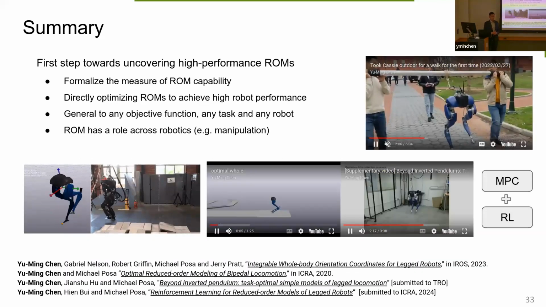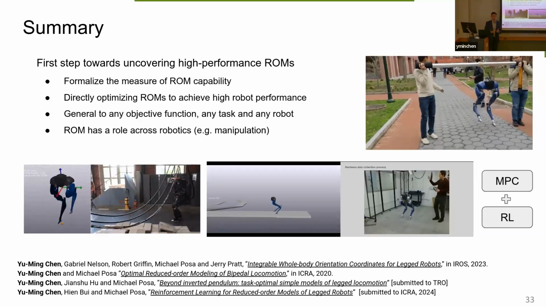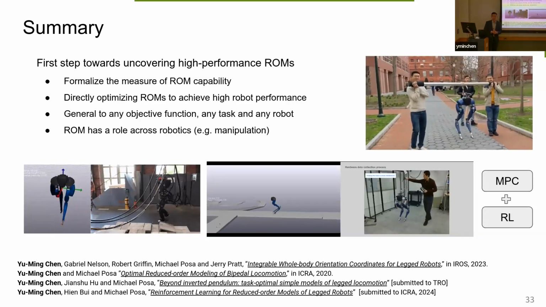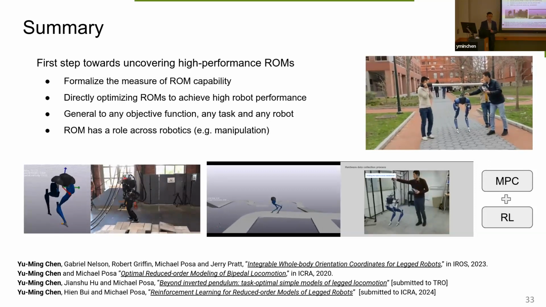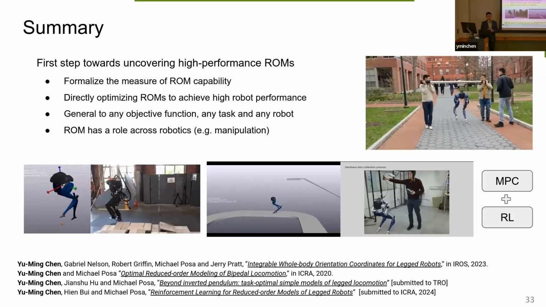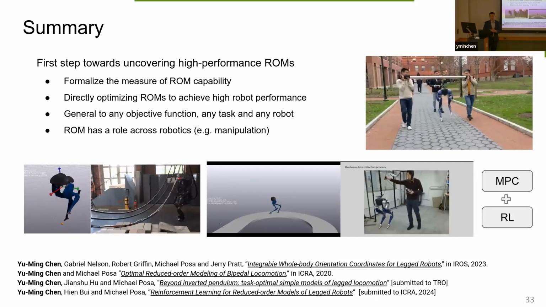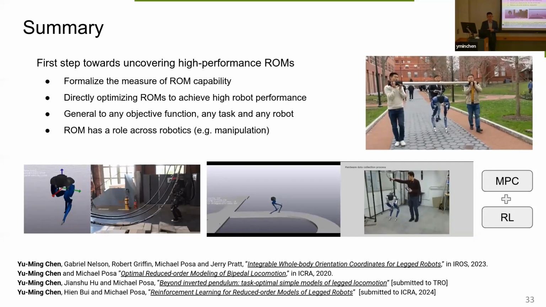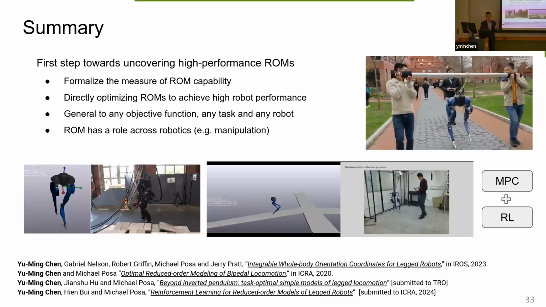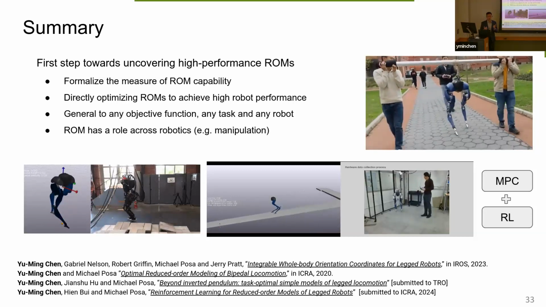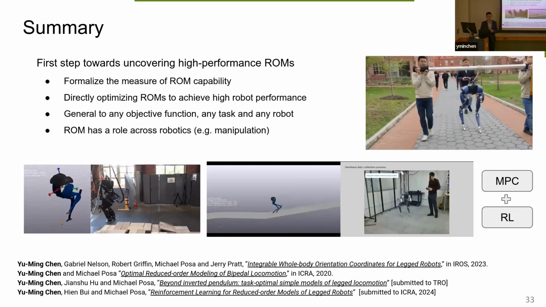In summary, this thesis is the first step towards finding a high performance reducible model. We formalize the measure of reduced model capability and directly optimize it with respect to a user-defined objective function. The framework is general to any objective functions, any tasks, and any robots. And it has implication potentially over the whole robotics field.